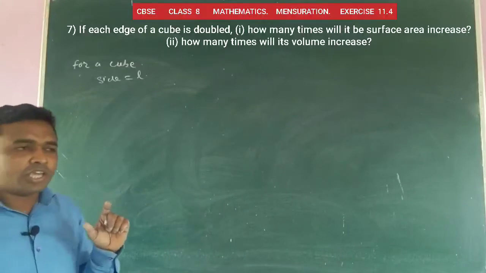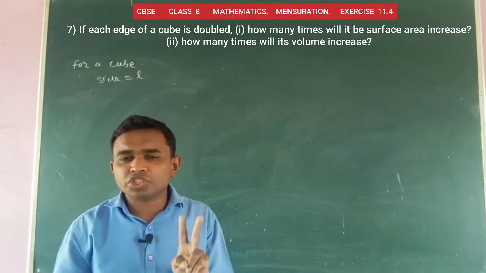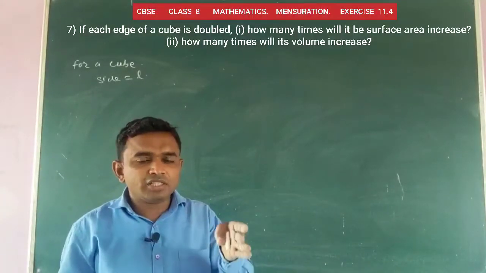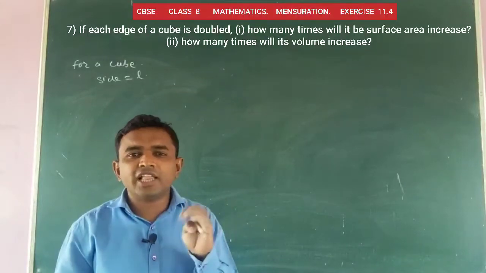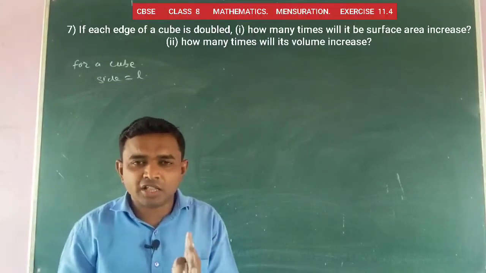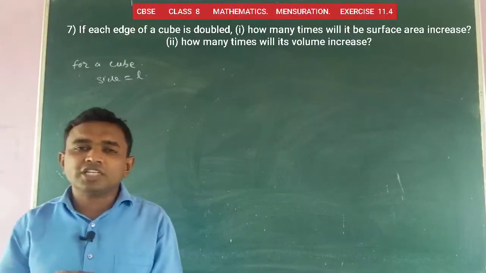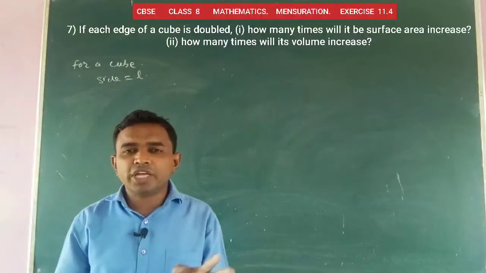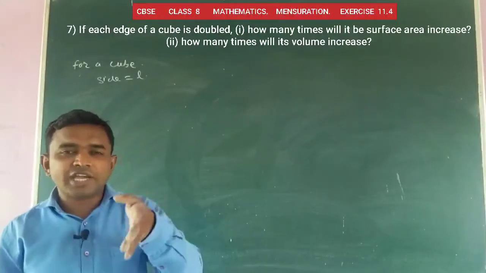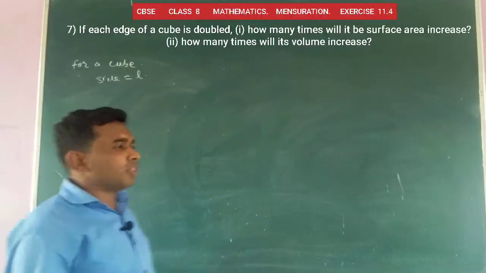Here in this example there are two situations. First, the side is considered as L for a cube, and in the second part, according to the example condition, the side is doubled.